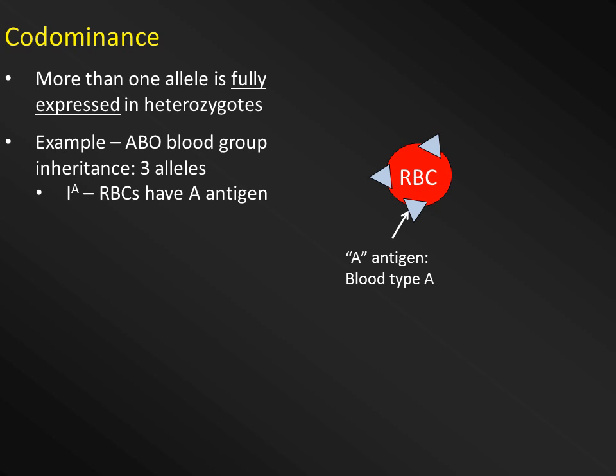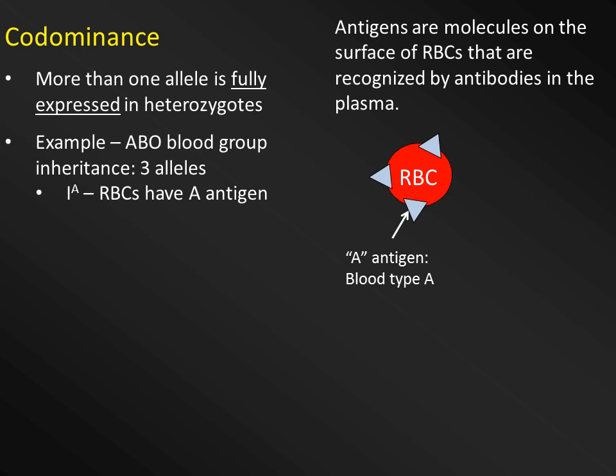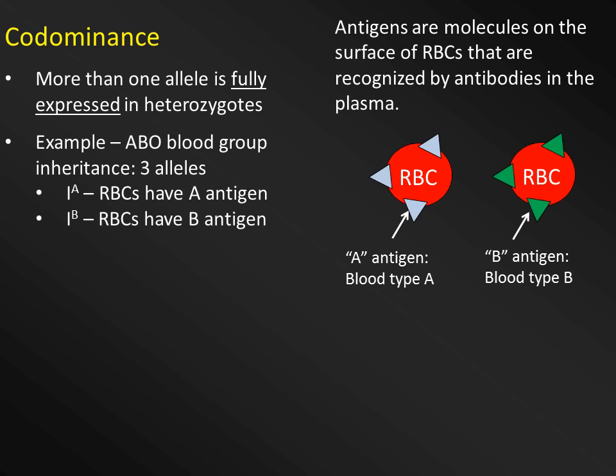An A allele means that your red blood cells have an A antigen on their surface. You can see that here in this simple cartoon showing these A antigens on the surface of a red blood cell. Now, antigens are just molecules, sort of like little signals to the antibodies in your bloodstream that say, it's okay for me to be here, don't attack or don't mount an immune response. They're recognized by the antibodies in the plasma.